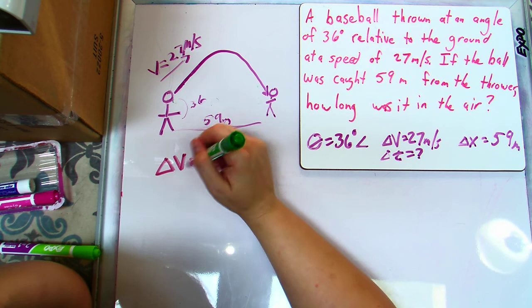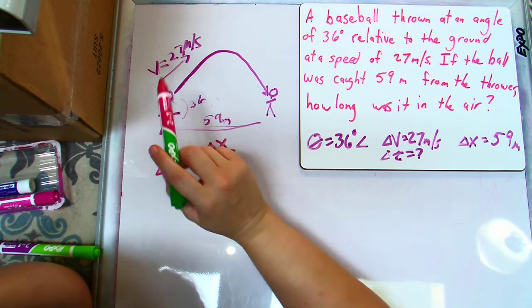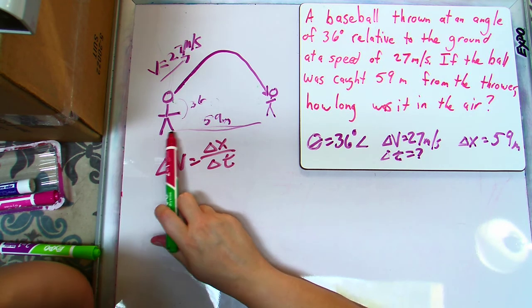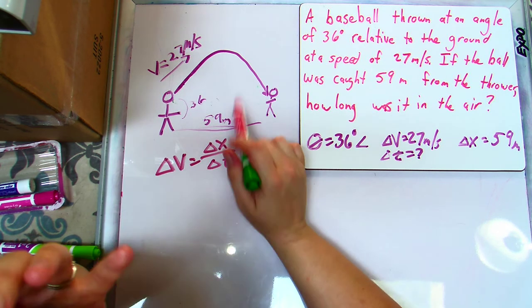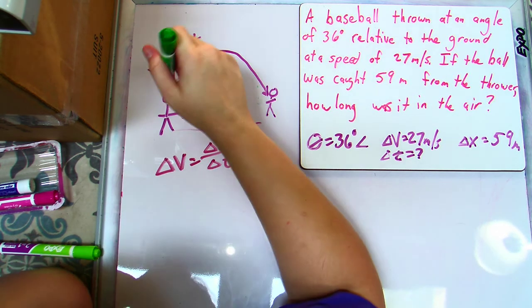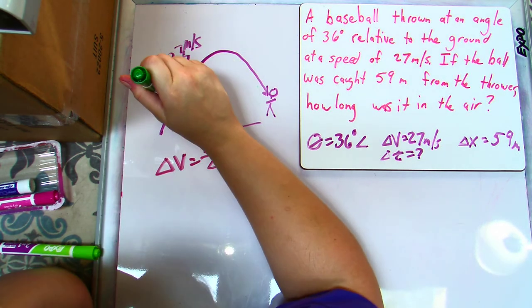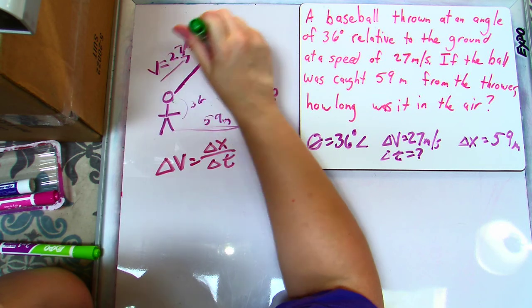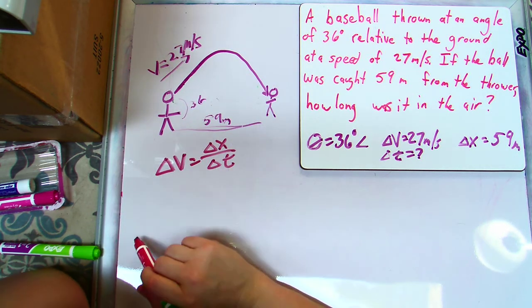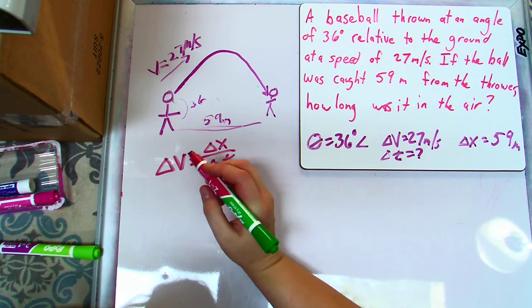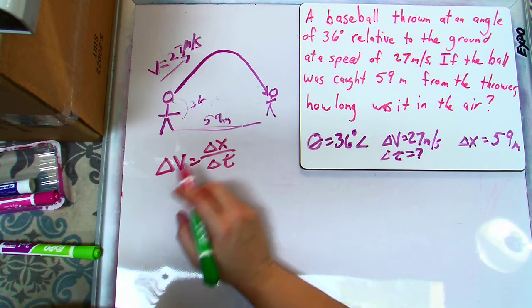The reason we can use this is because the time it takes to travel this way is the exact same time it takes to travel up and down. That's how long it takes to go up and over, which is also from here to here. So we can use the time for a lot of different things, and time is always crucial.